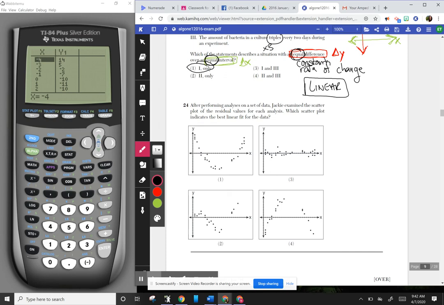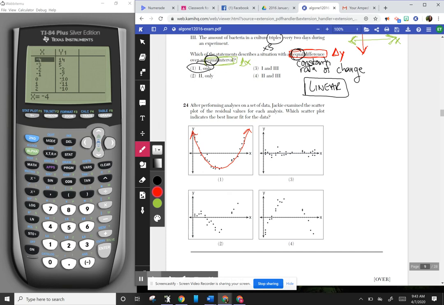Okay, so we are looking for the graph that when you draw a line through these points, even if it's not hitting every single point, it's just your best fit. So in 1, we can see that our best fit looks kind of quadratic here. It's curved, definitely not linear.